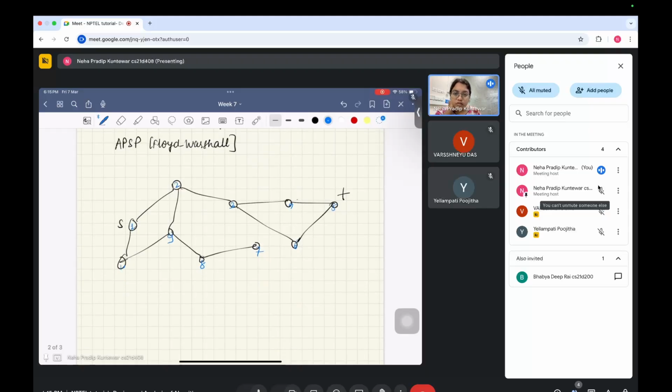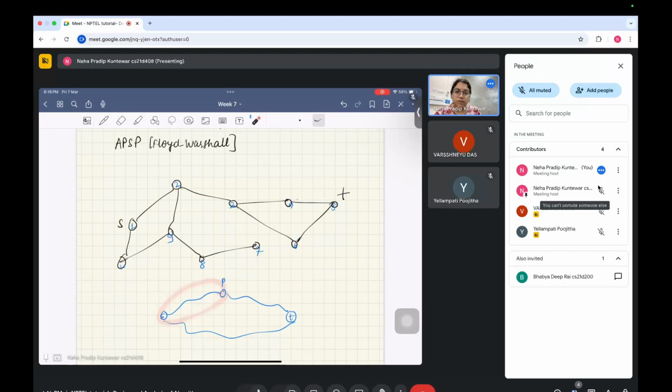Then you think of the shortest path as going from node S to some node P, and from P to T, where you want to minimize the distance from S to P and the distance from P to T. Or it may so happen that it does not even take the node P, and there is some other path that is shortest. So the kind of subproblem we identified here was the shortest path to some other node.